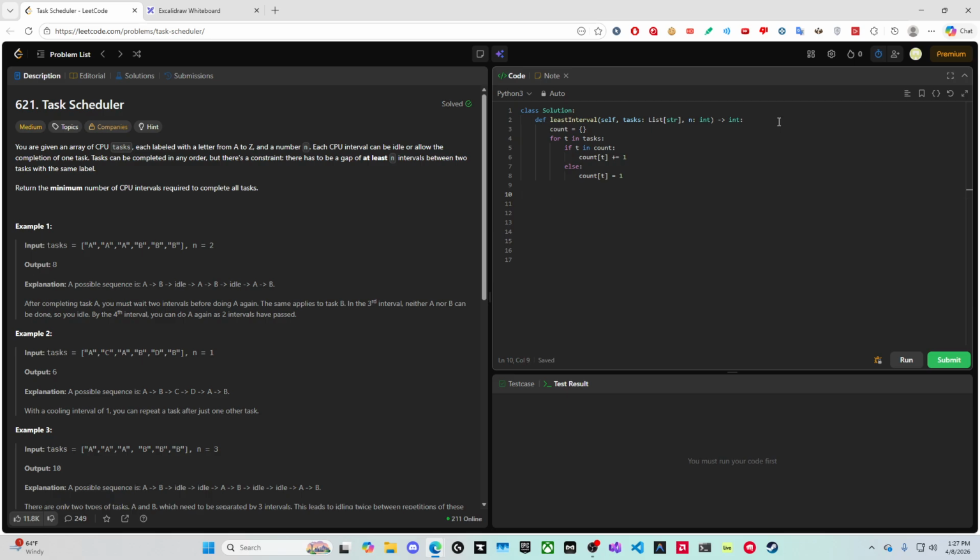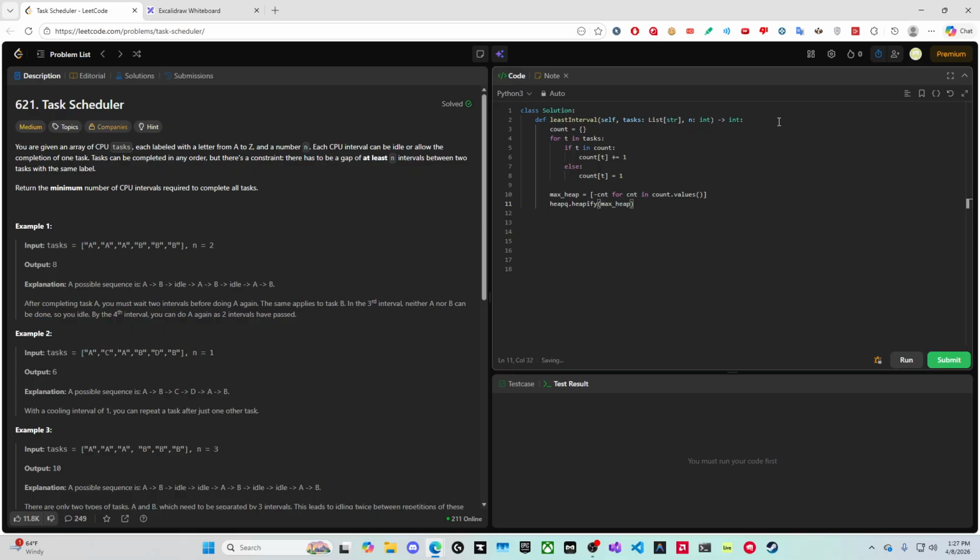Okay. So we're going to say max heap is [-count for count in count.values()]. And we're gonna have to do some Pythonic stuff here to set up our max heap.